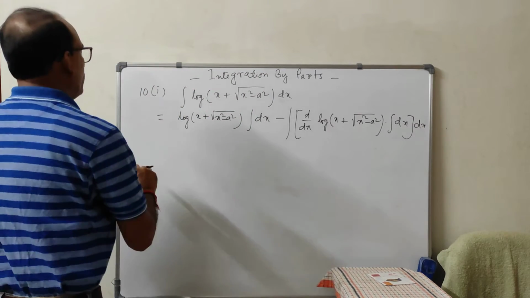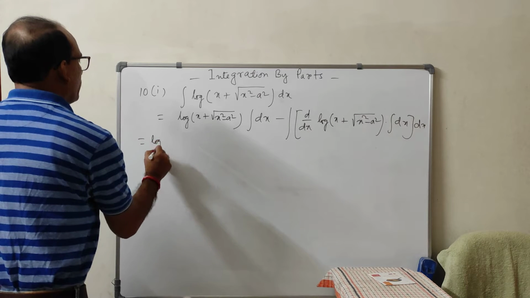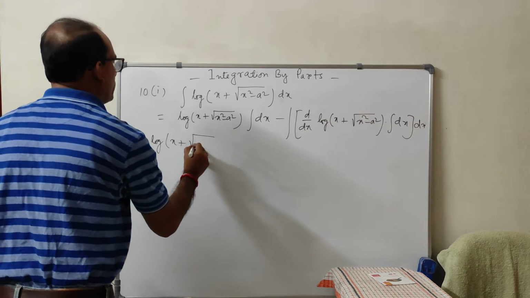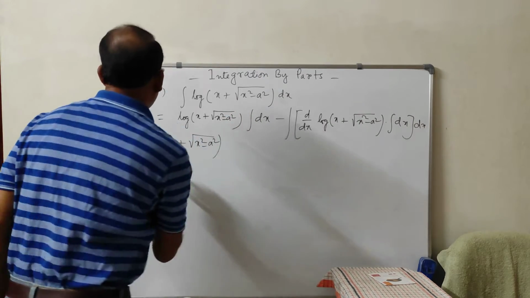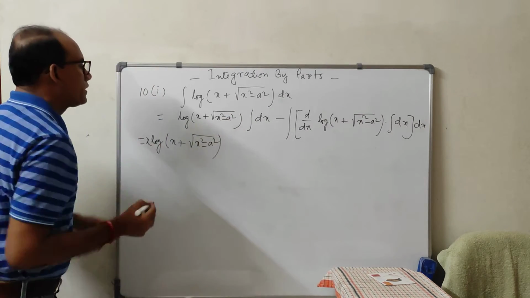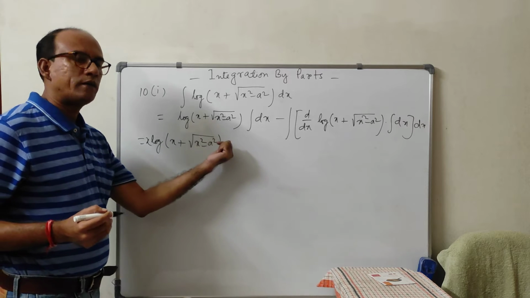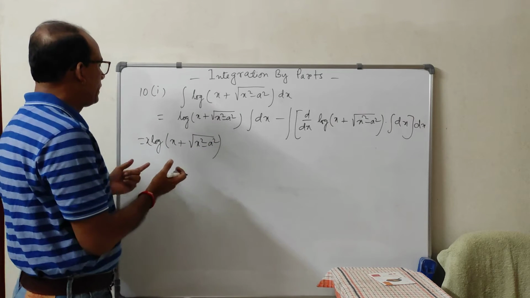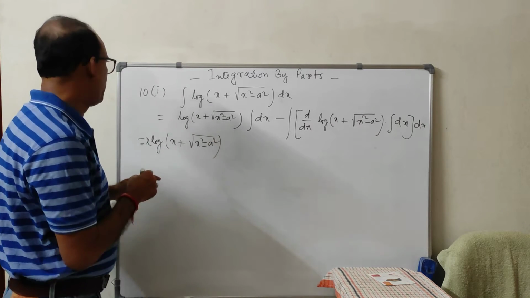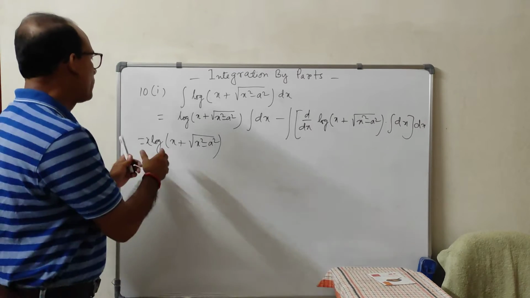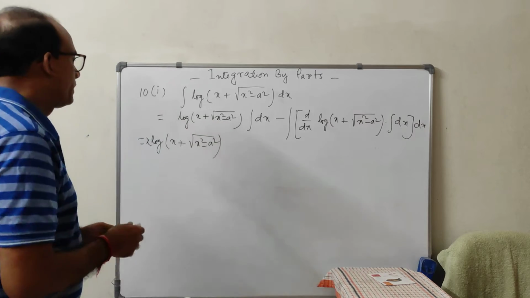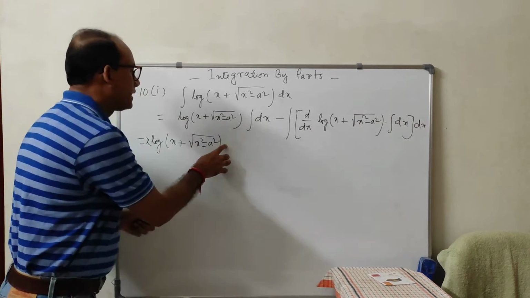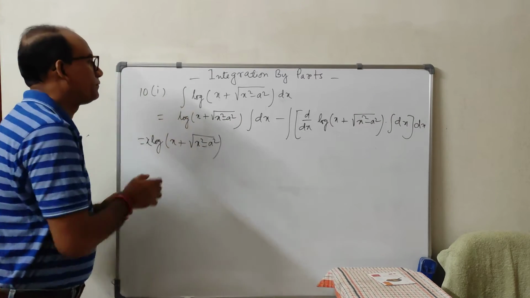Now what to do? This is log of x plus root over of x square minus a square. Integration dx is x. Write x here separately, because if you write it carelessly, it may be taken as log of x into x plus root over of x square minus a square.